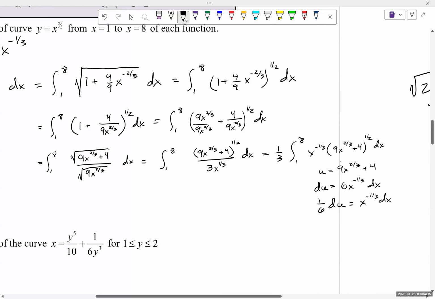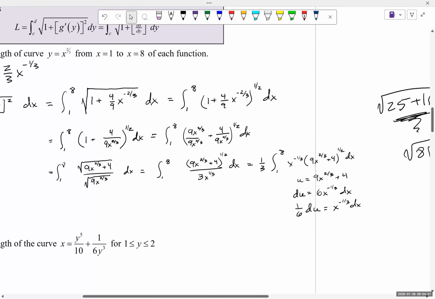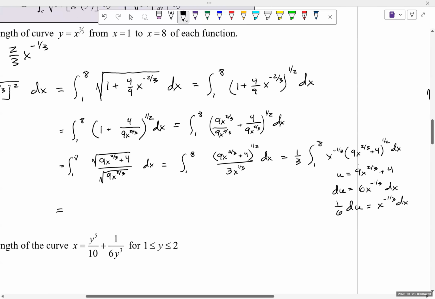Are we happy with that x to the negative 1/3 dx? We absolutely are. I'm going to go over here. So we have 1/3 times 1/6. I'll deal with the limits of integration in a moment. Du and back. I'm going to have u to the half power.